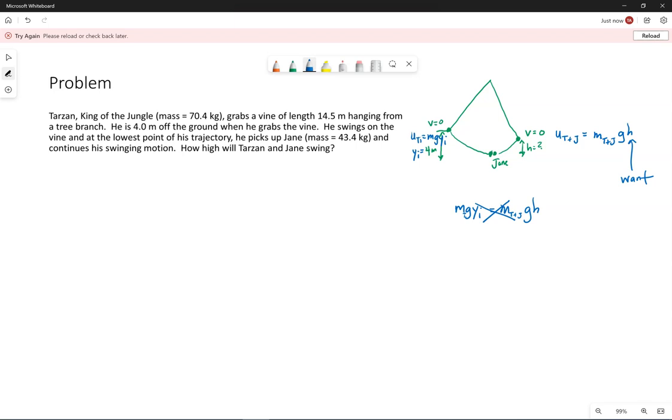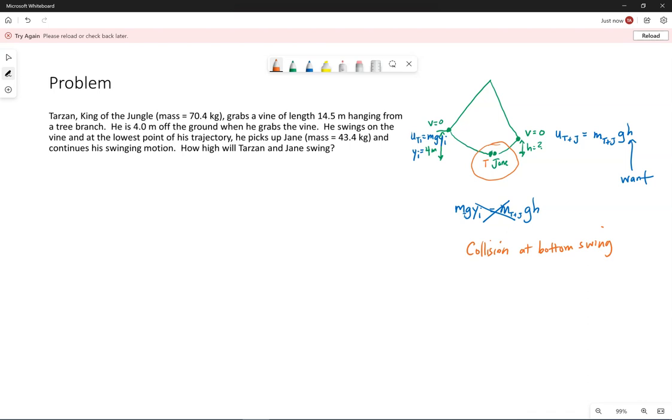And we need to understand why. There is a collision at the bottom of the swing. Tarzan has swung down, he's picking up Jane, and they're swinging together. Tarzan was swinging alone, and now he is swinging with Jane.